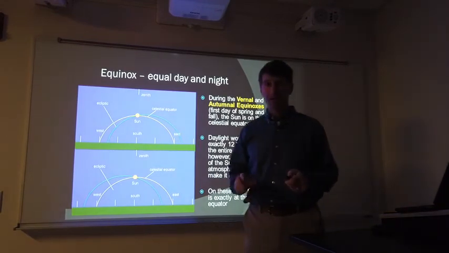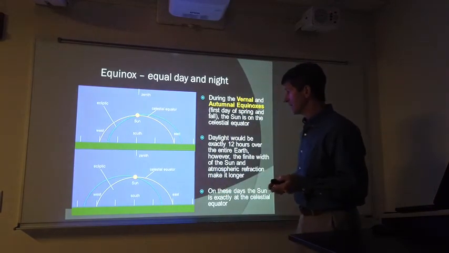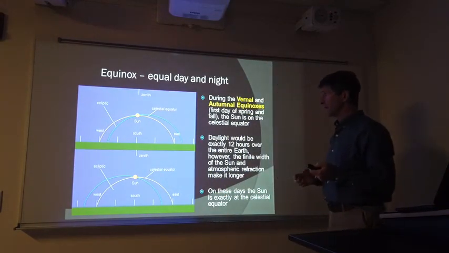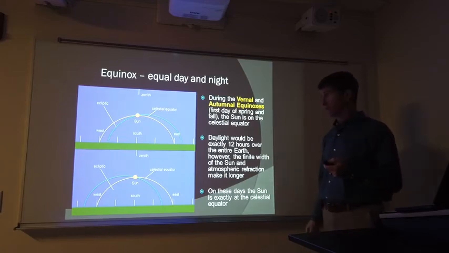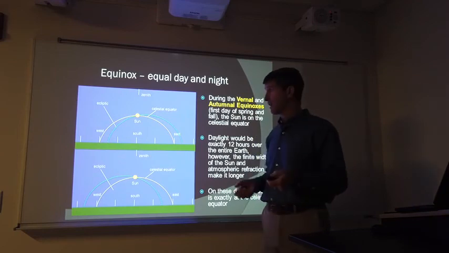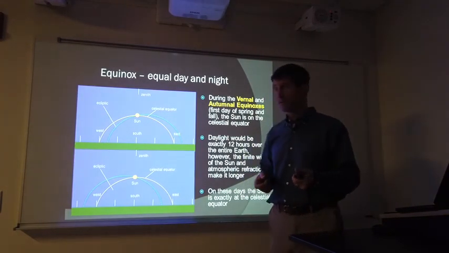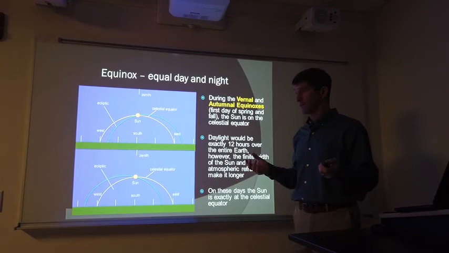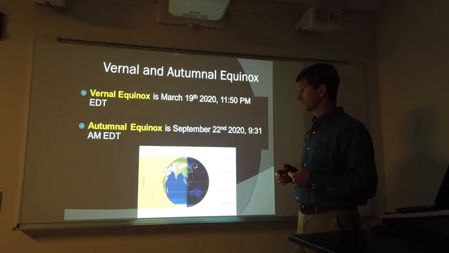During the equinox, it's actually a little bit longer than that, but that is due to a refraction effect and the size of the sun. But at this point, the sun is exactly on the celestial equator. The northern hemisphere and the southern hemisphere are getting an equal amount of daylight, and therefore we call this the equinox.